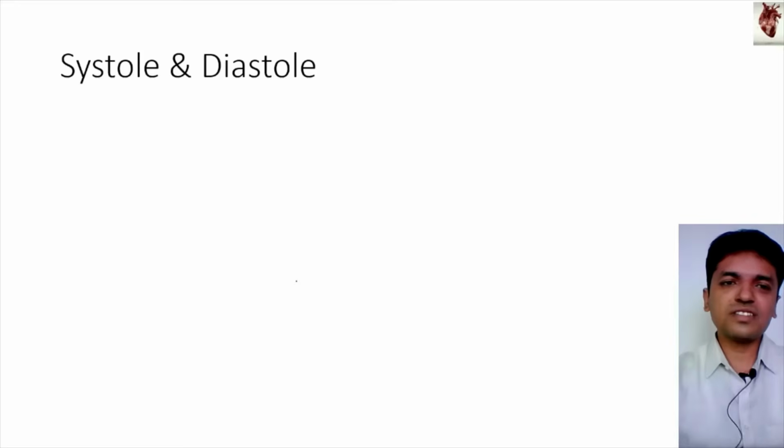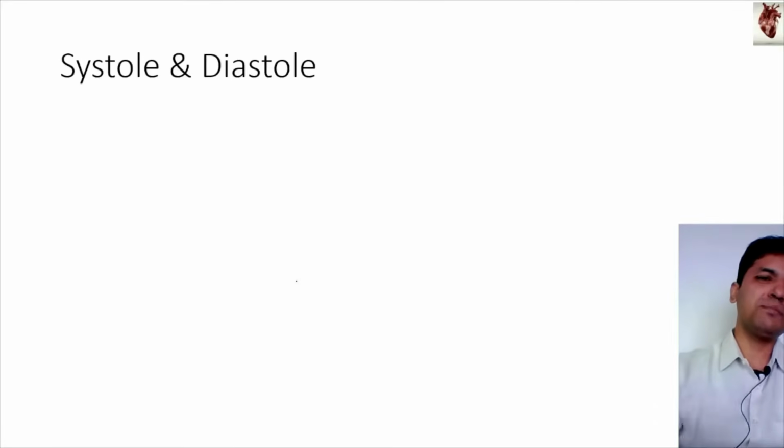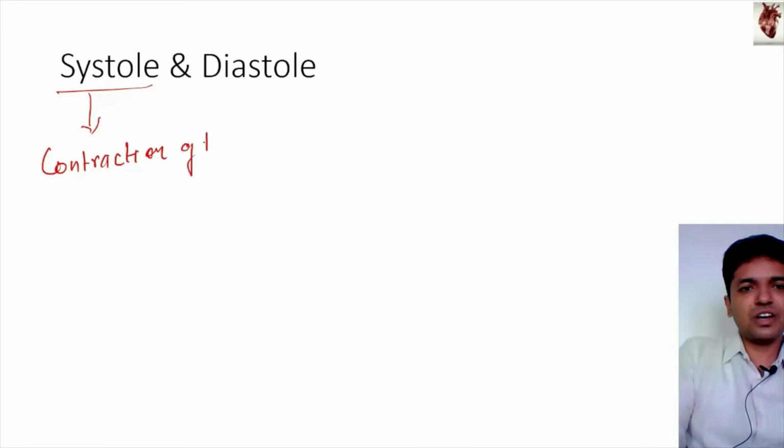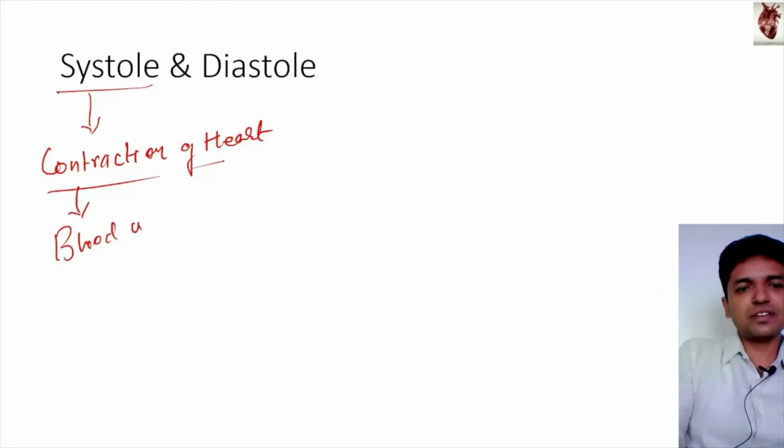So what do we understand by the words systole and diastole? Everybody knows this. What is the meaning of systole? Systole is nothing but wherein there is contraction of the heart. Okay, so what happens during contraction of the heart? During contraction of the heart, the blood is pumped.